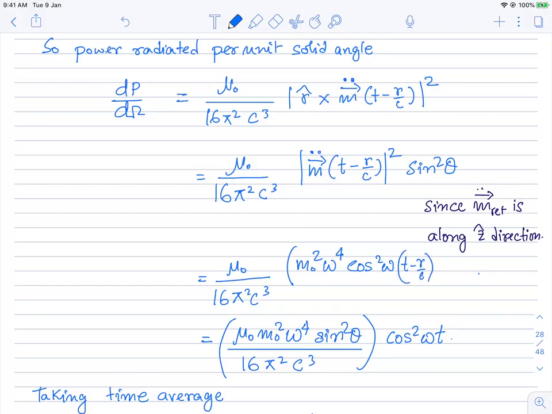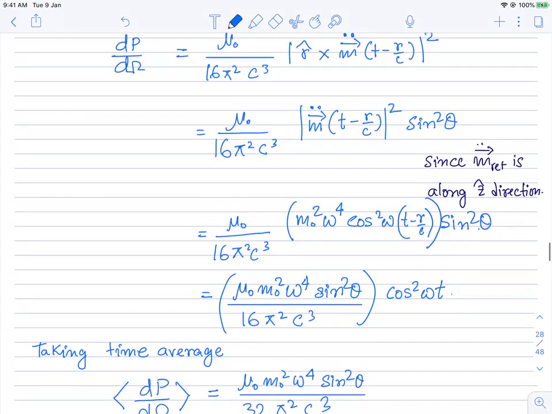That is technically more correct, and that sine square theta. Here we should also emphasize that in the time averaging, this retarded nature is washed out.